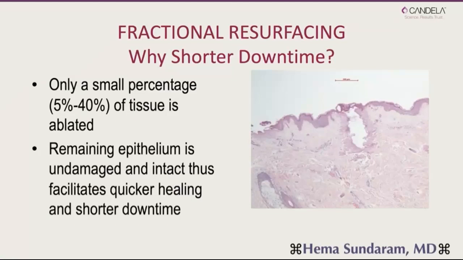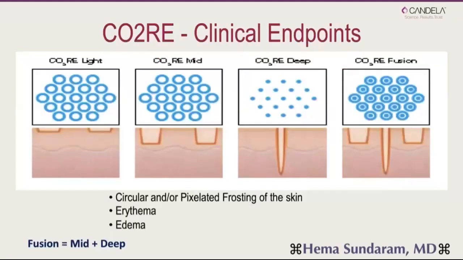And because that epidermis is undamaged and intact, we get a quicker healing and a shorter downtime, but we get all the efficacy below the surface to stimulate collagen contracture and the formation of new collagen and potentially new elastic tissue. So this is what makes core very versatile, that we have these different modalities that we can choose.